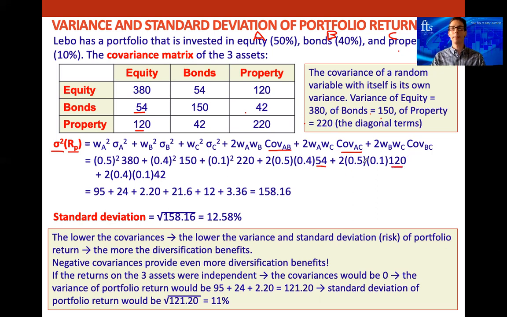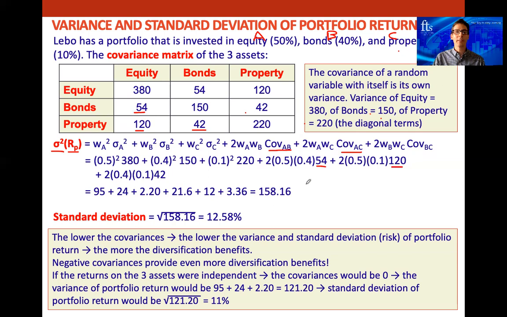And then the last one, we take B and C, which is bonds and property. We take the weight of bonds, 40%, the weight of property, 10%, and multiply that by the covariance between bonds and property. Where do bonds and property meet up, over there or there? We could use either one of those two.